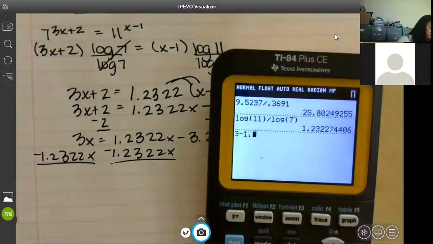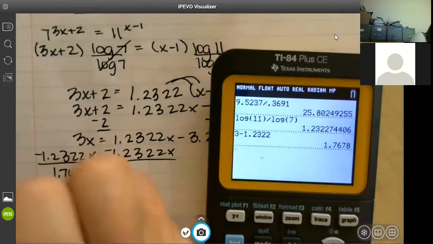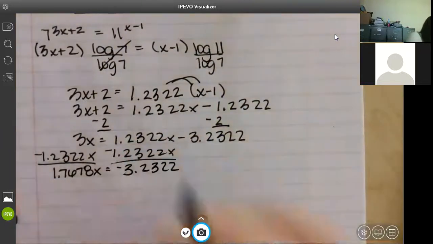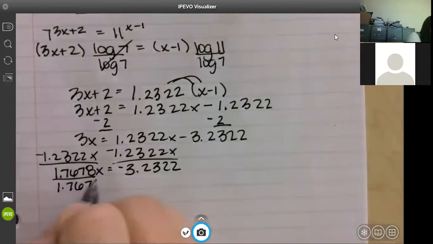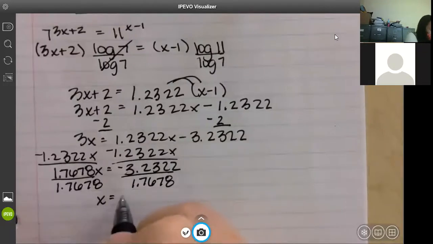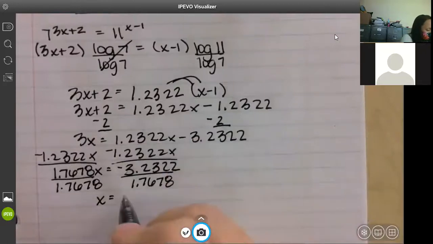Three minus 1.2322 gives me 1.7678x equals negative 3.2322. Last step. So divide by 1.7678. And we get 1.8283, positive? No. No, negative.